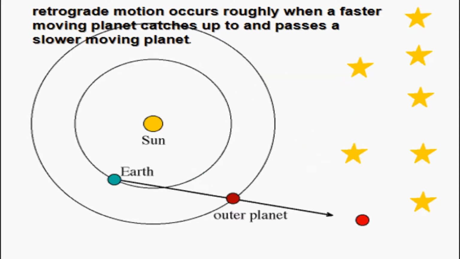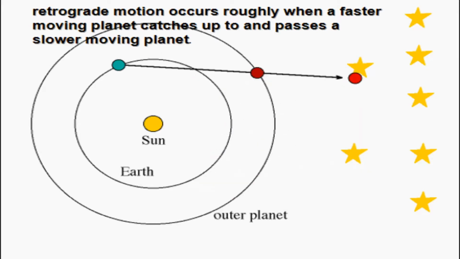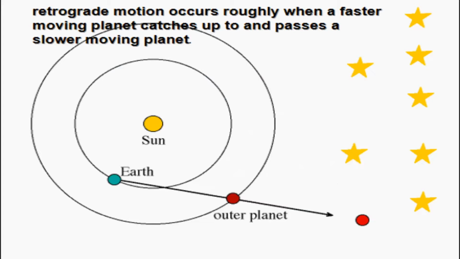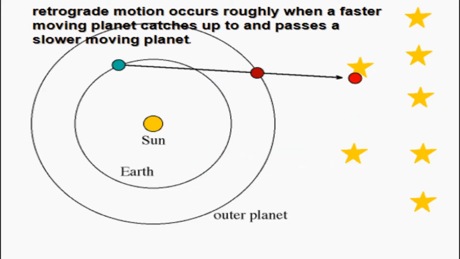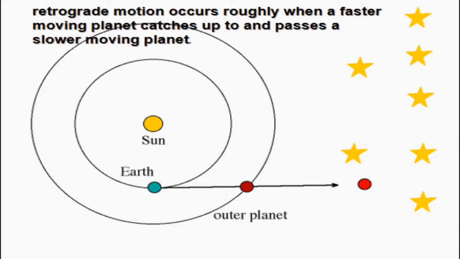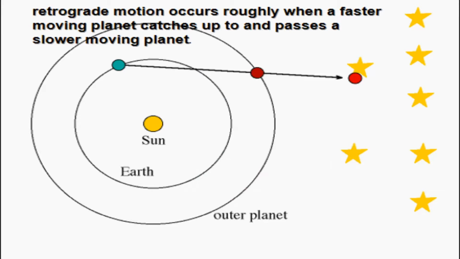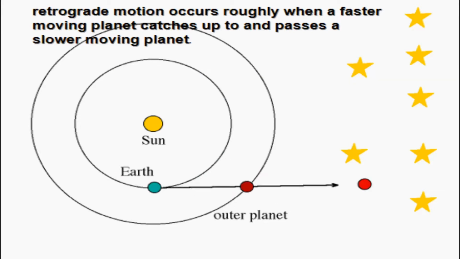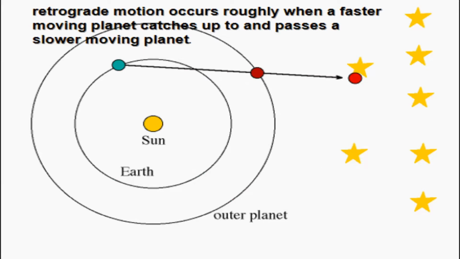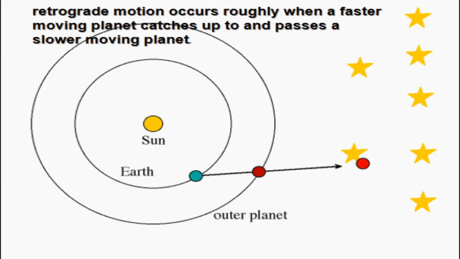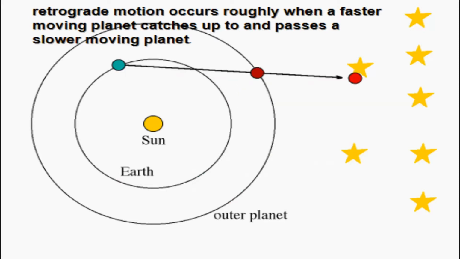So as the Earth passes Mars, we see here from our perspective here on Earth that Mars moves in a retrograde motion with respect to the background of stars. Fascinating, isn't it? So that's how Nicholas Copernicus explained retrograde motion of the planets, especially that of Mars, using his heliocentric model.